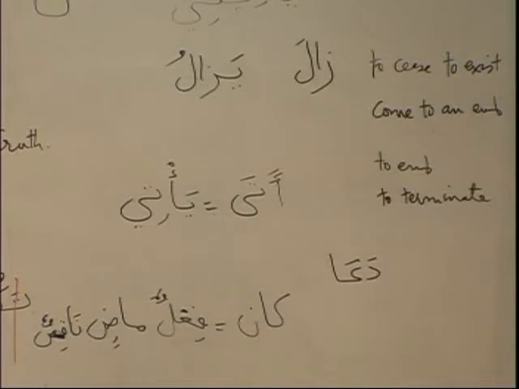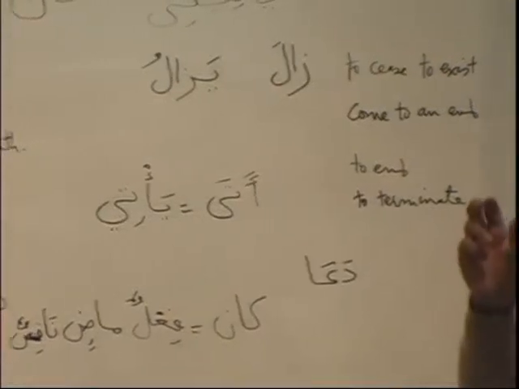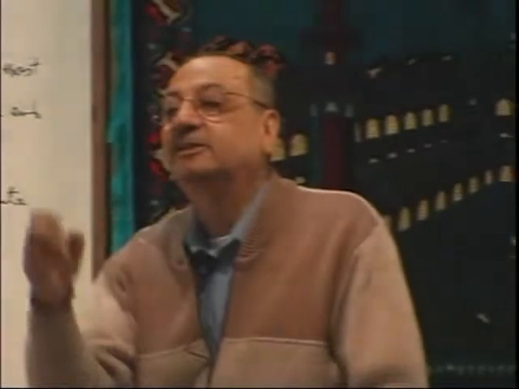If it ends with noon, the noon goes, you drop the noon. But what happens when the verb is naqis? Means it ends with a ya or waw. How do you make that verb majzoom? You drop that weak letter. Okay, are you with me?